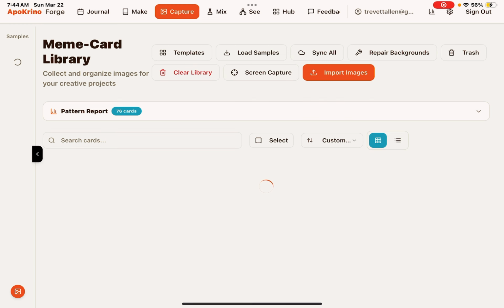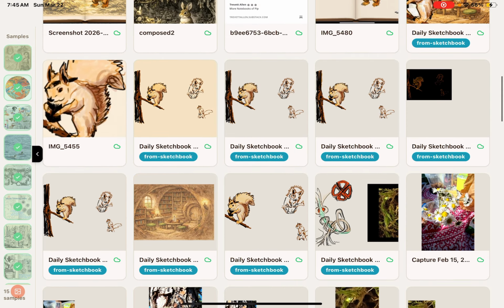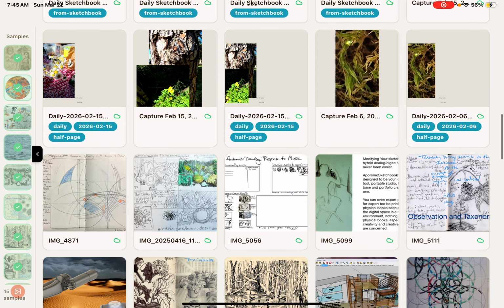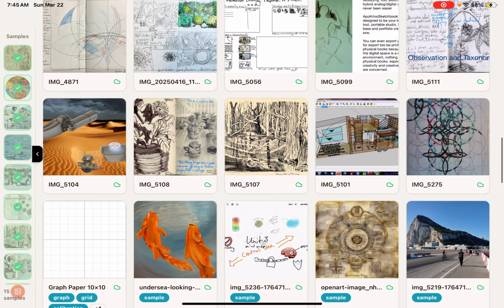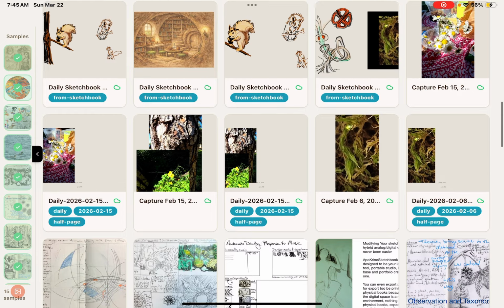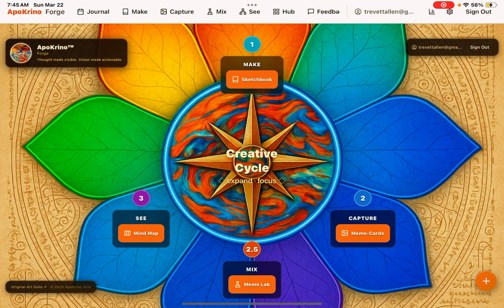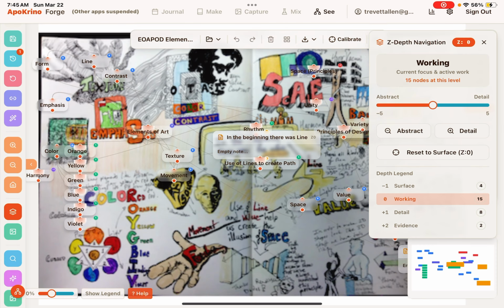Meme cards are your core atomic ideas that you work with that capture over time the images and the strategies that you use, and these can then be leveraged into mind maps, which basically capture the mental map that you're creating. Not that the AI can't help you, but you are the one creating your mental frameworks.